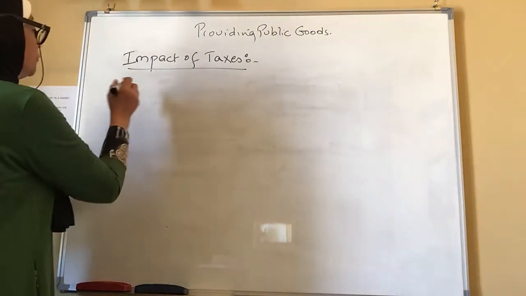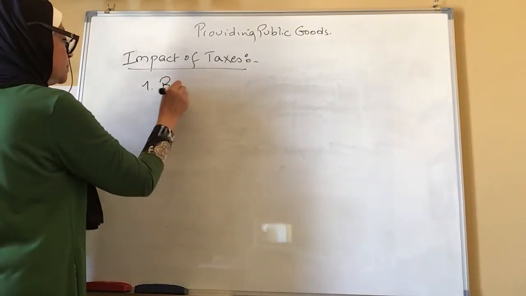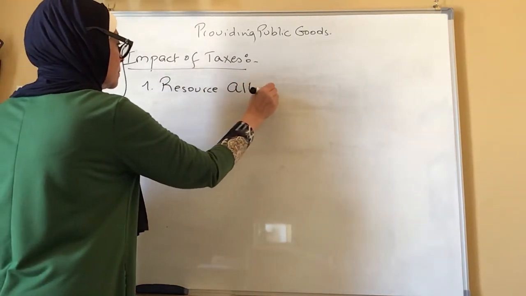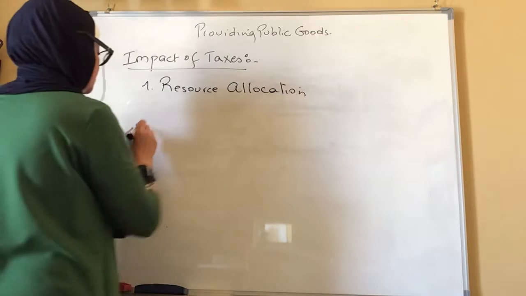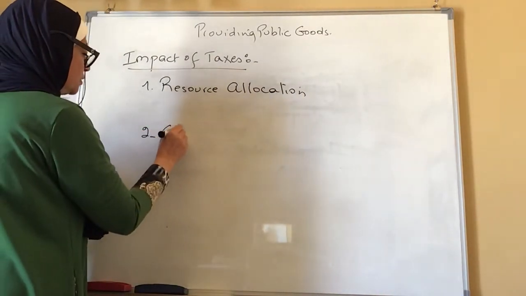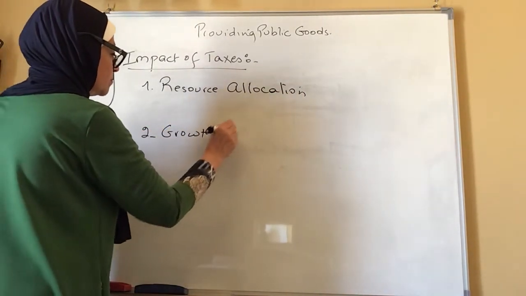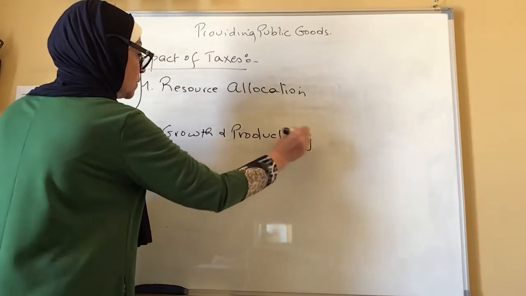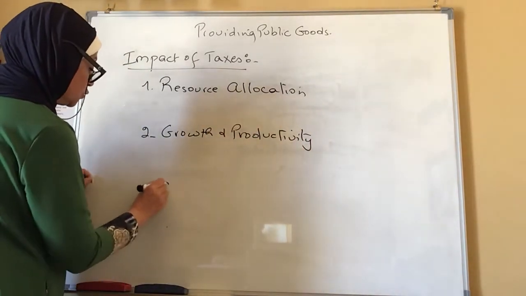First is resource allocation. Second is growth and productivity. Third is consumer behavior.